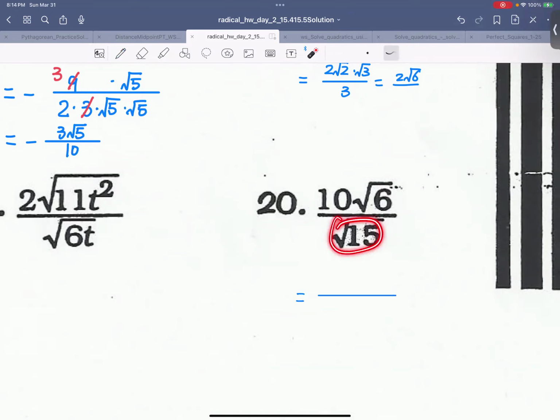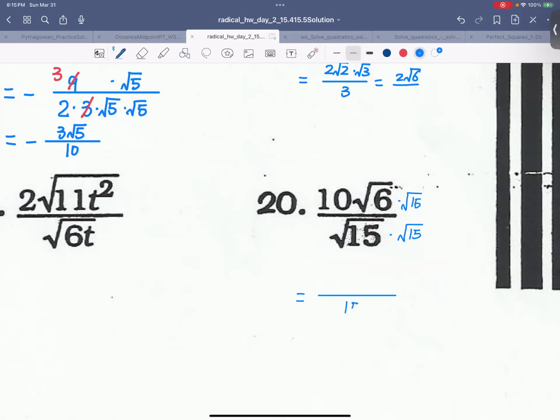What do you want to do? We want to multiply by what? Multiply it by square root of 15. So this bottom becomes 15.